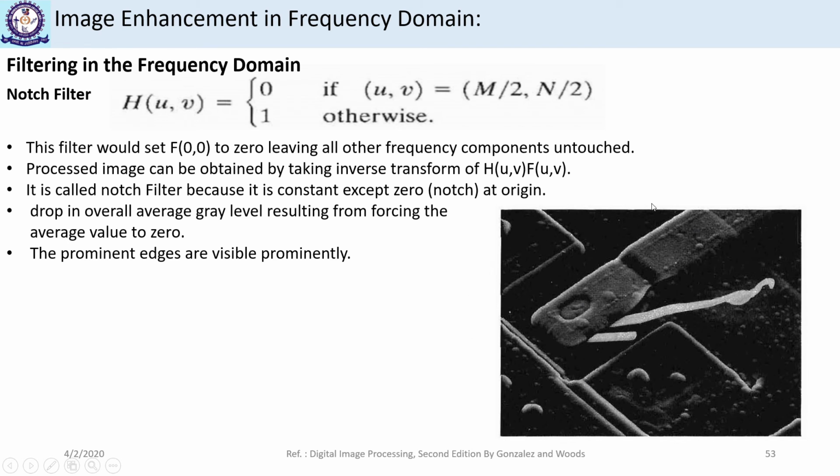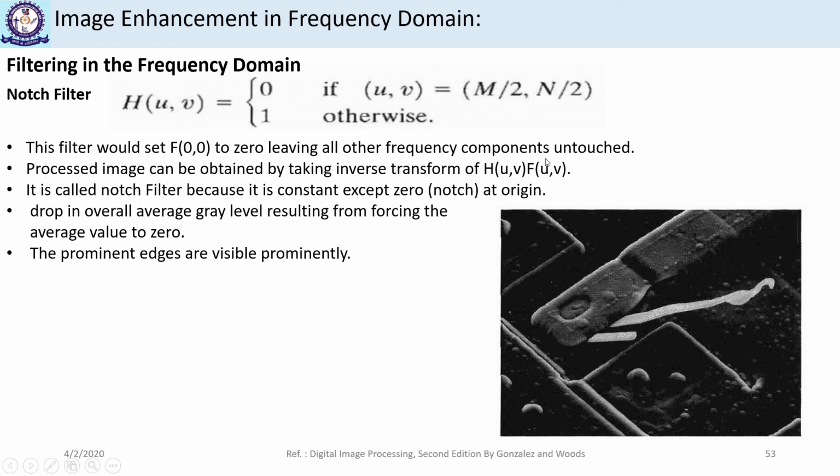This filter would set F(0,0) to 0, leaving all other frequency components untouched. So it is making the origin 0 and all the remaining components are as they are. The processed image can be obtained by taking the inverse Fourier transform of F(u,v) and H(u,v), that means H(u,v) multiplied by F(u,v).